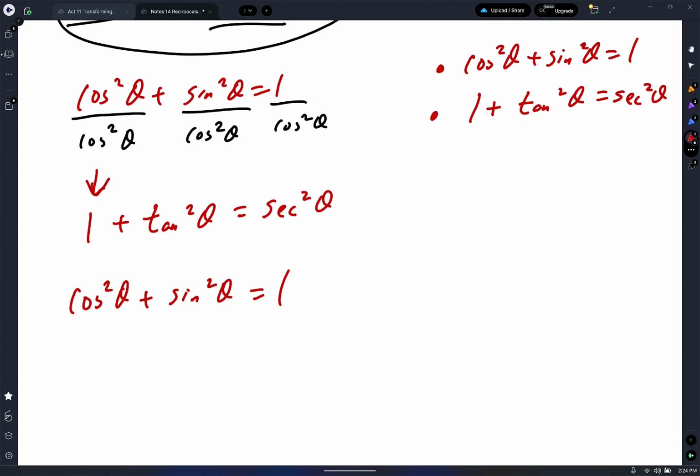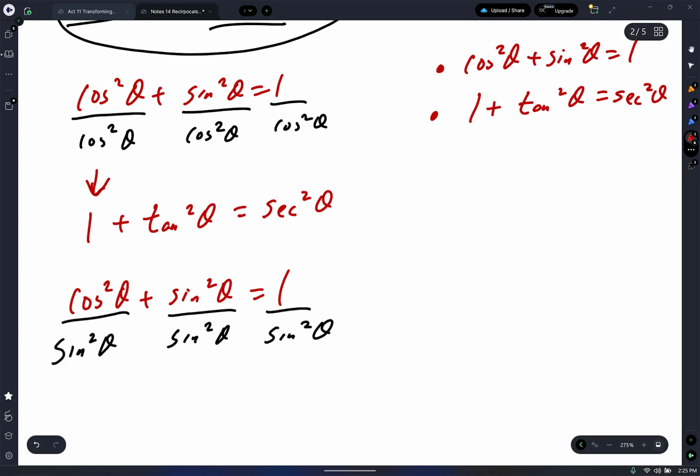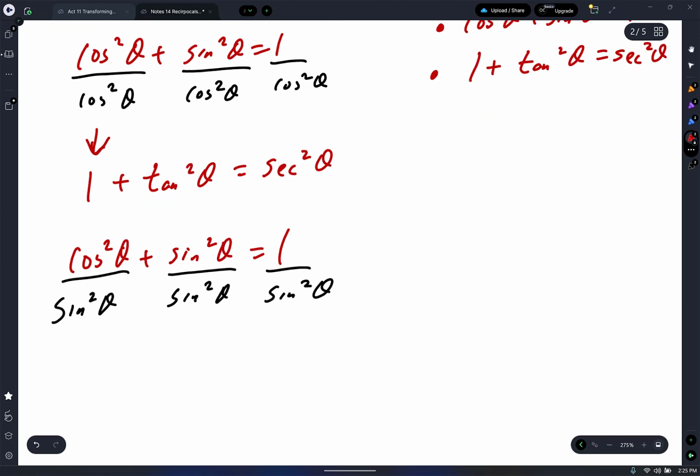Are we okay? Now, instead of dividing everything by cosine squared, guess what I'm going to divide everything by now? Sine squared. Why am I doing this, Reese? I'm doing this because I want another identity that's very popular. So when I do that, cosine over sine is cotangent, put a square on it, plus sine over sine, that's just a 1.